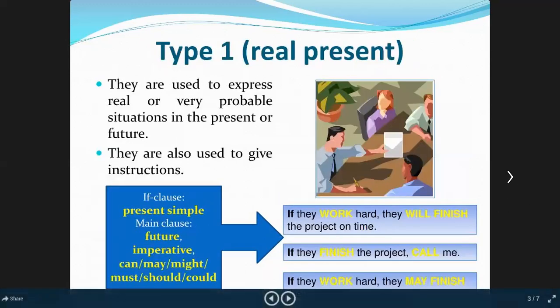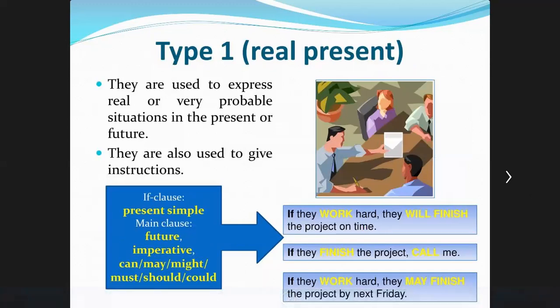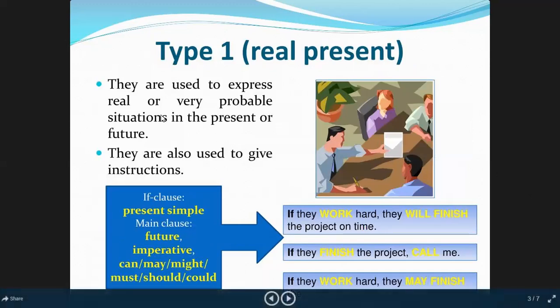Now look at the type 1 conditional sentence. They are used to express real or very probable situations in the present or future. They are also used to give instructions. And what comes in the structure? In the dependent clause there is the word if and present simple.